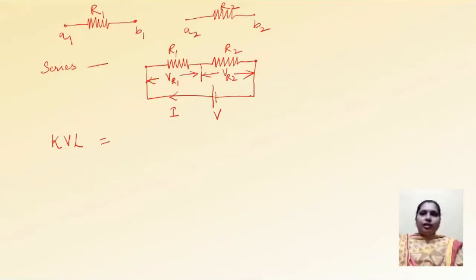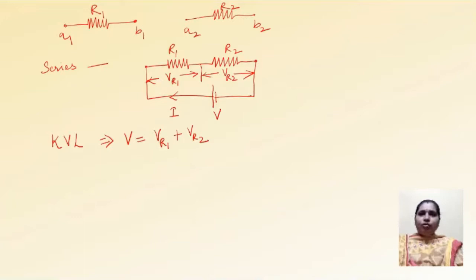The same current I is flowing across R2, and it will develop a voltage drop VR2. According to Kirchhoff's law, the algebraic sum of voltage drops across any loop is equal to 0, or you can take it as the source voltage is the algebraic sum of the voltage drops across each element.